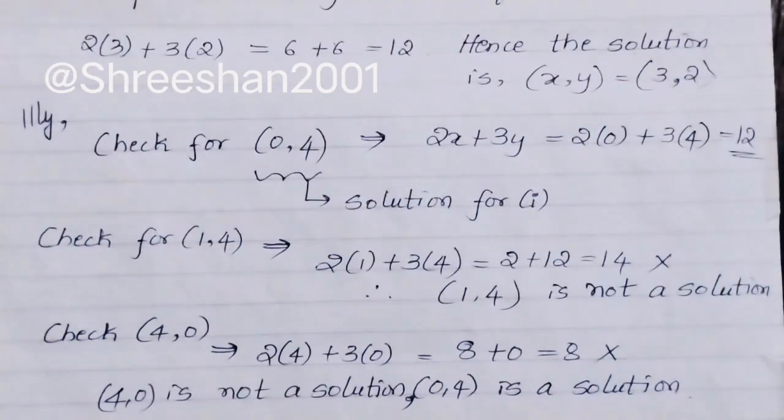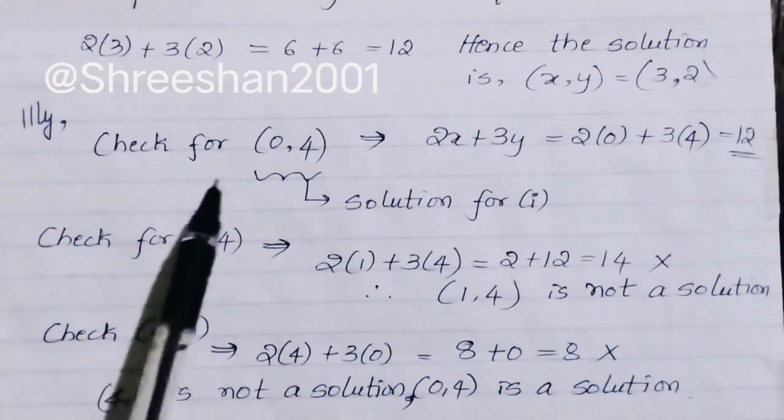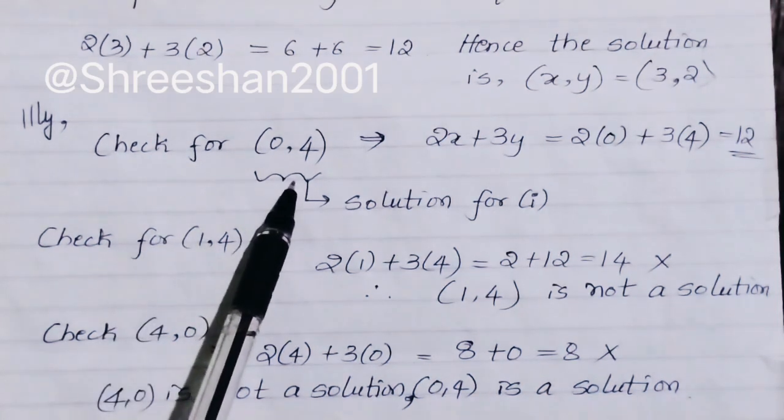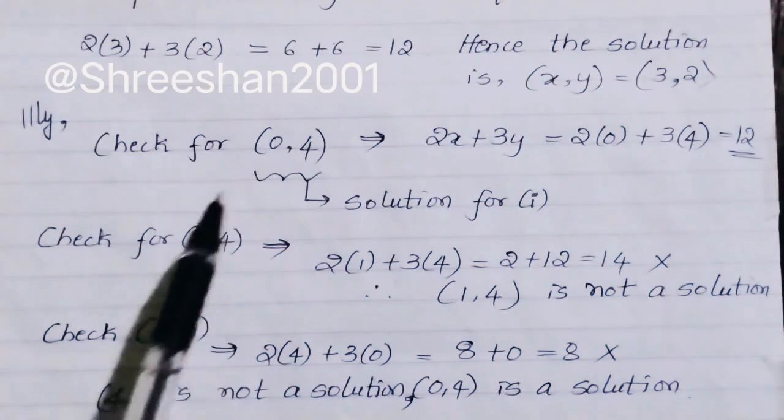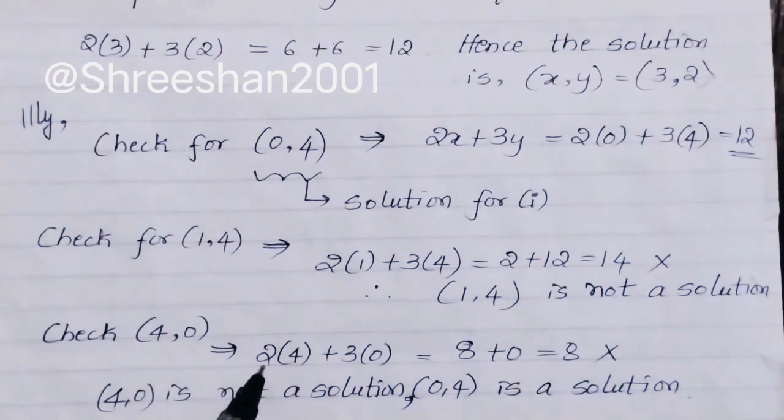Now let us interchange the values and check. Since 0 comma 4 is a solution, let us interchange to 4 comma 0 and check. So 2 fours are 8 plus 3 zeros are 0. So 8 plus 0 is 8, which is not equal to the RHS 12. So hence interchanging x and y is not a solution here.